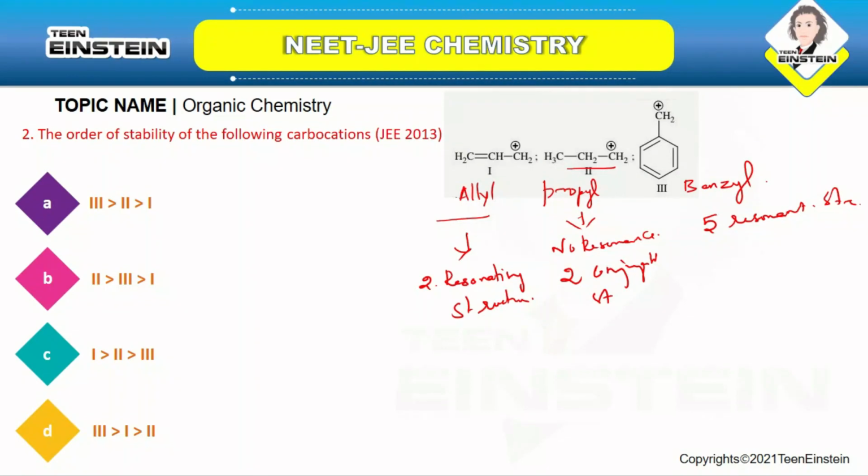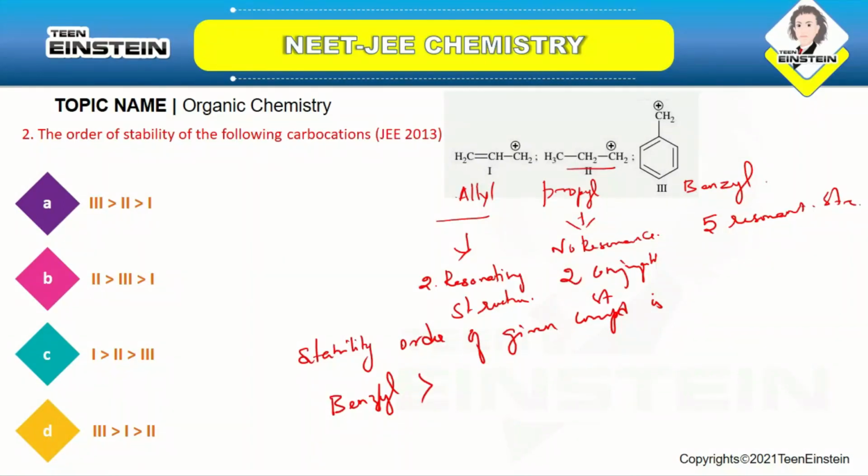So from these numbers of resonating structures or conjugating structures, we can predict the stability order of the given compounds. The stability order of the given compounds is: first benzyl is the most stable, which has 5 resonating structures, and next the allyl group.